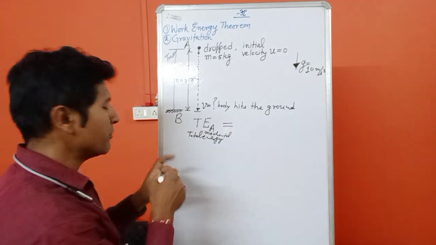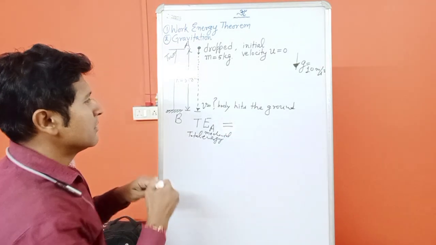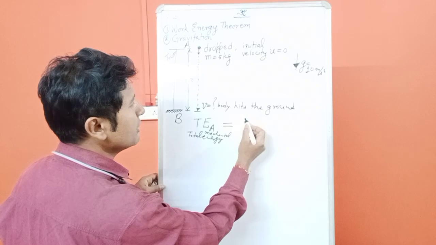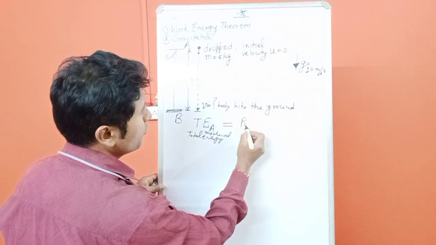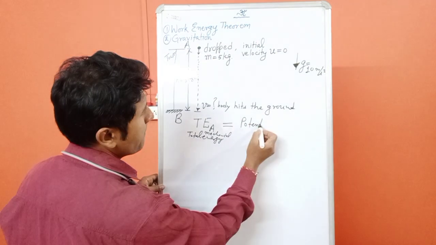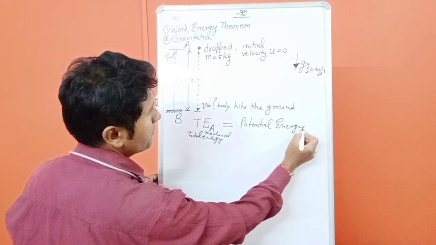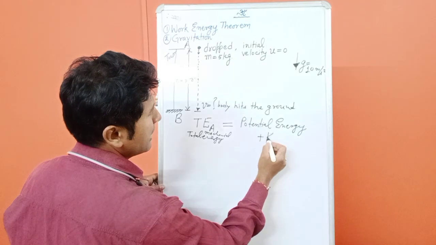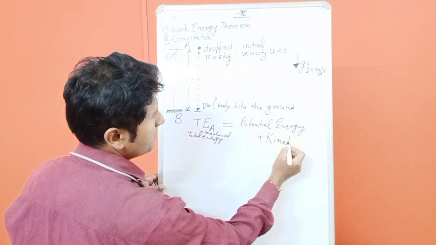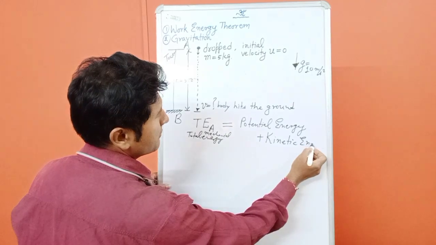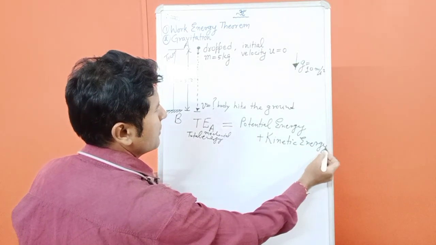Now the formula of total mechanical energy is, generally we use that potential energy plus kinetic energy. Right?